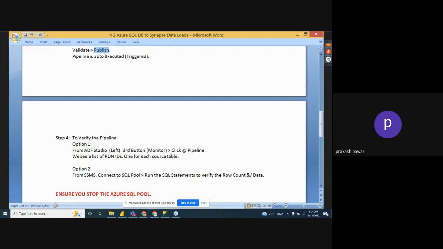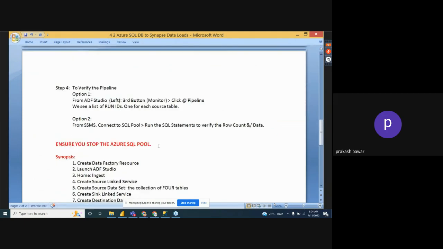The very, very common issue I generally see. Few participants who are very new to ADF tend to think, oh, done, let me have a cup of coffee, close, relax. Please ensure SQL pool is stopped. This is important. Otherwise, what happens? Say per hour, right?